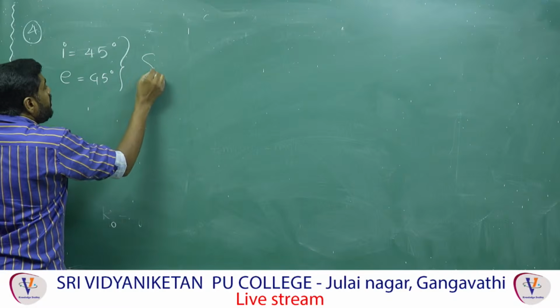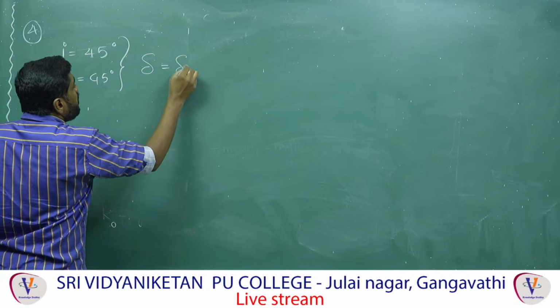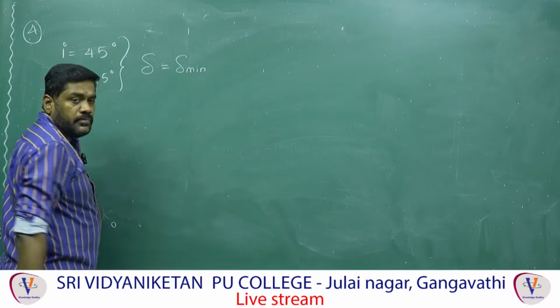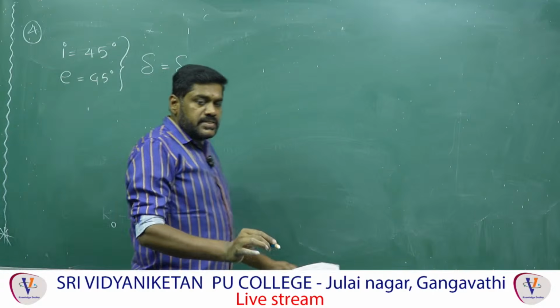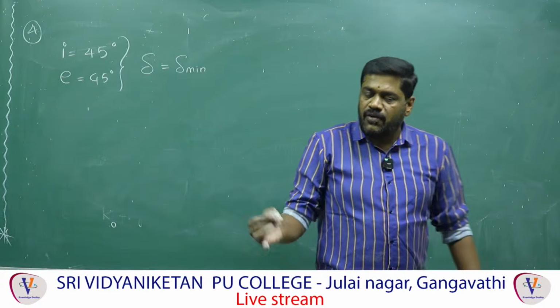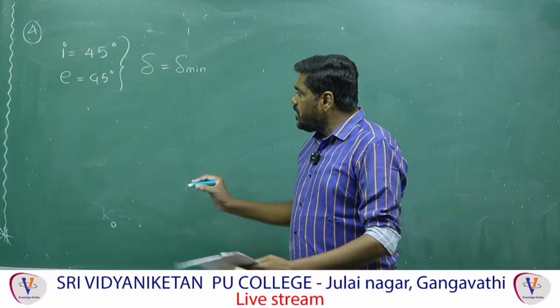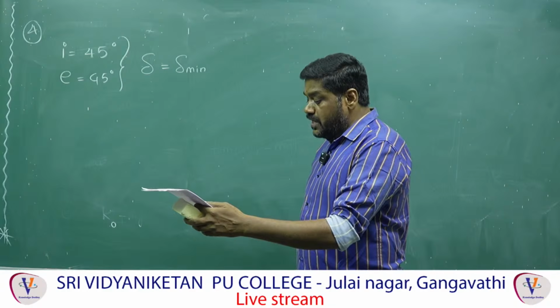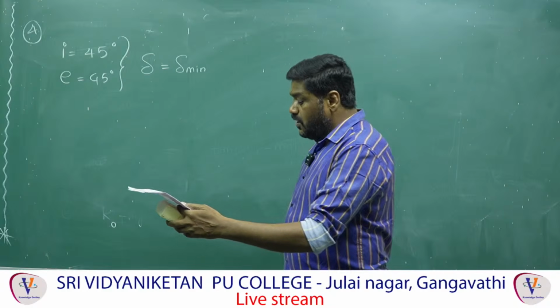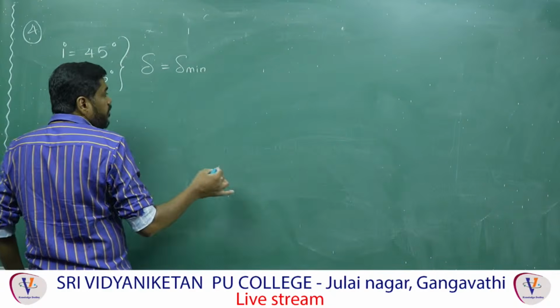Therefore the given delta is compulsorily delta minimum only, because when the angle of incidence is equal to the angle of emergence, both 45, the prism is under minimum deviation. First of all we have to find what mu is.